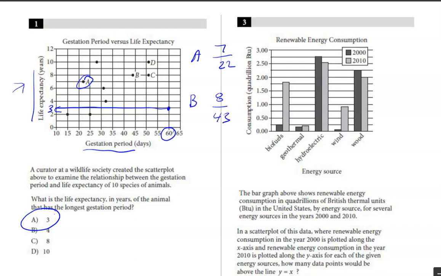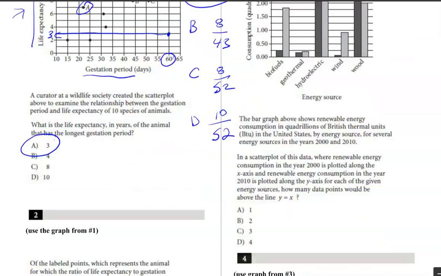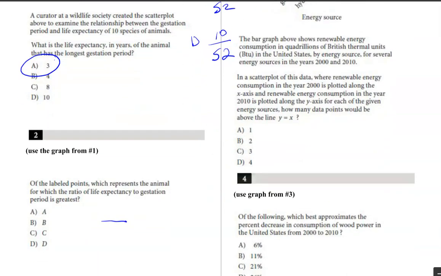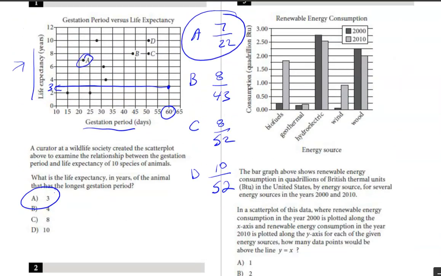So that's quite a bit smaller fraction. C and D, really not much better. C would be 8 over 52. D would be 10 over 52. So all of those are smaller. It looks like A is going to be the biggest one.